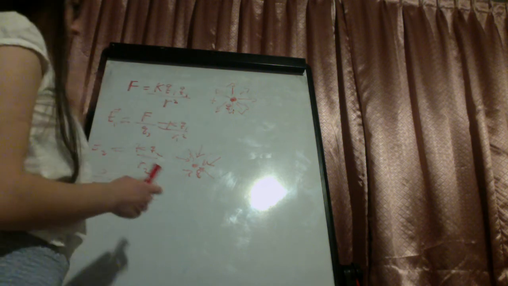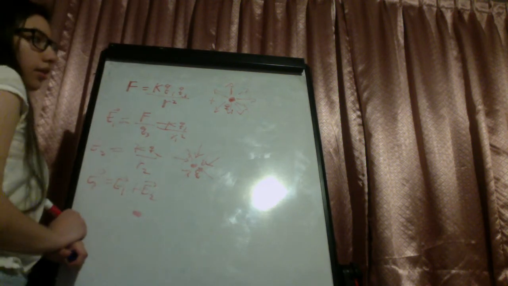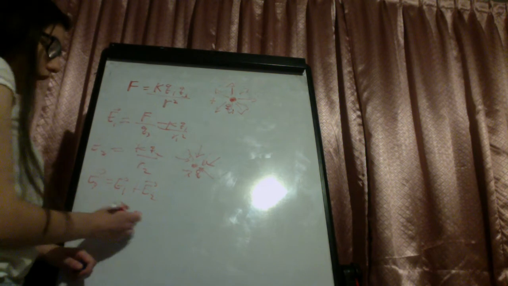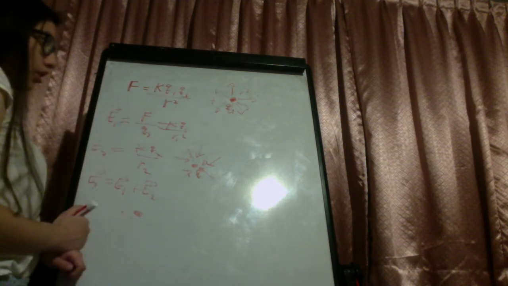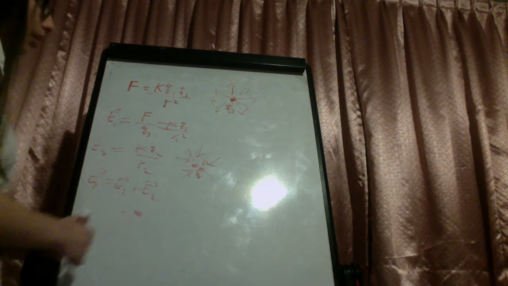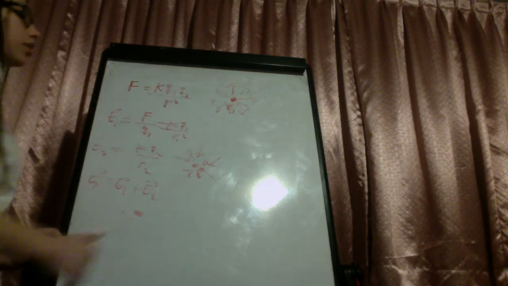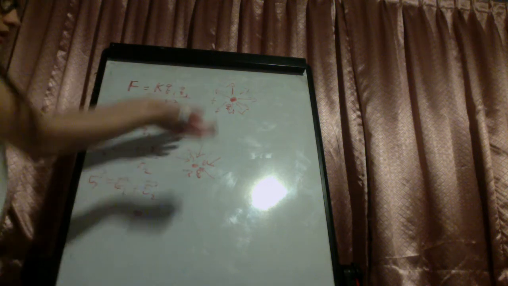So if, for example, I have here a charge and this charge is negative, it would be repelled by this one, but would be attracted by this one. So if this is very far away from these two charges, then these two charges will behave as just one point.